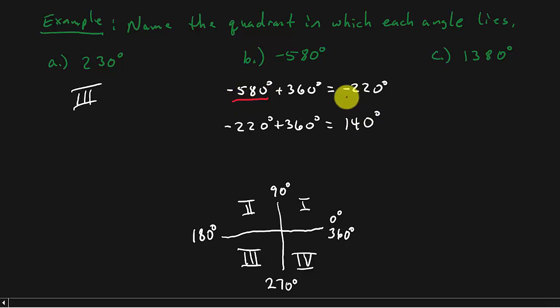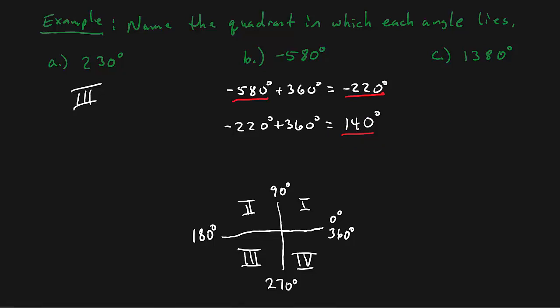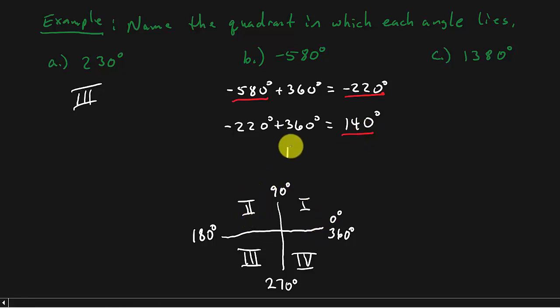Negative 580, negative 220, and 140. They all have the same terminal side. All right, so what quadrant is 140 degrees in? It's in the second quadrant. And so that's your answer. That's the same quadrant that negative 580 is in, because they're coterminal angles.